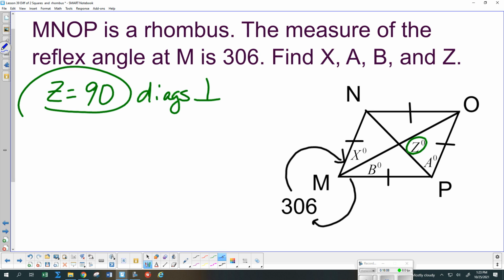Who can tell me now something about X and B down here in this bottom left corner? Is there something we now know about X and B from the things that we just wrote down? Evelyn? Not just X and B adding up to that.